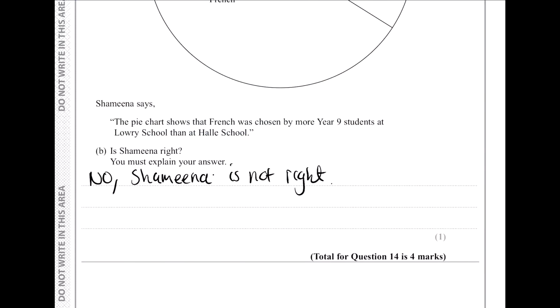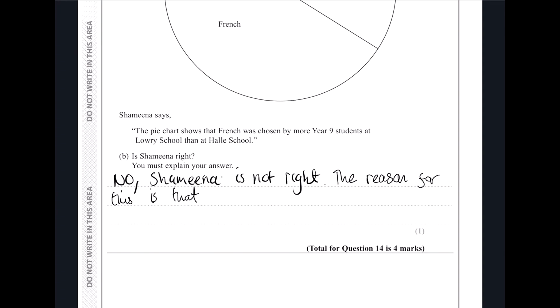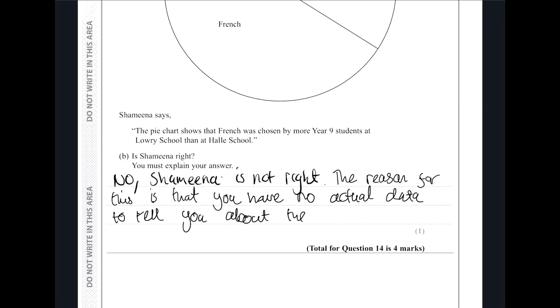Okay, and then we can say the reason for this is that you have no actual data to tell you about the number of students.